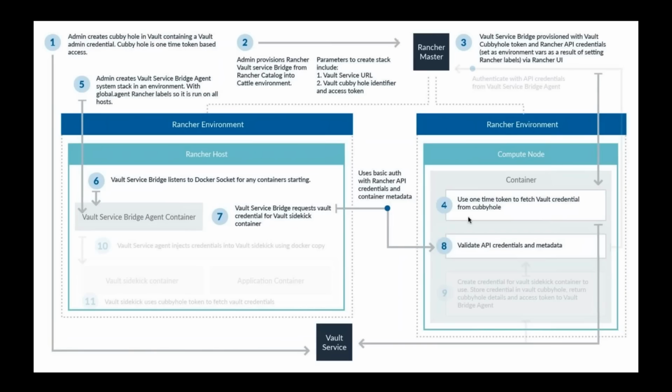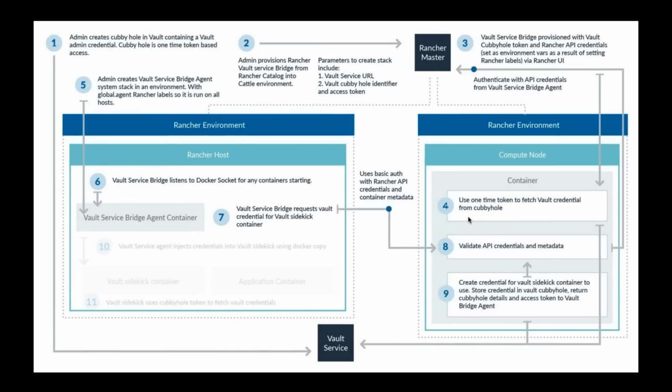get validated with Rancher. Rancher is going to be looking at the container and the message that was sent over, and we're also going to be looking at Rancher's knowledge of that and being able to match several points, along with the Vault bridge or agents being launched with Rancher API keys. That would provide some authentication between the two services.